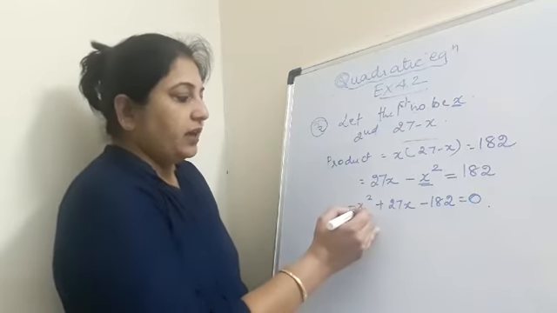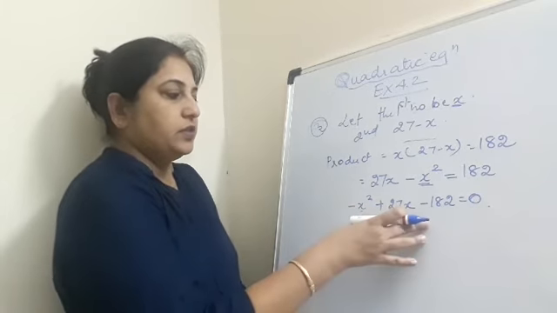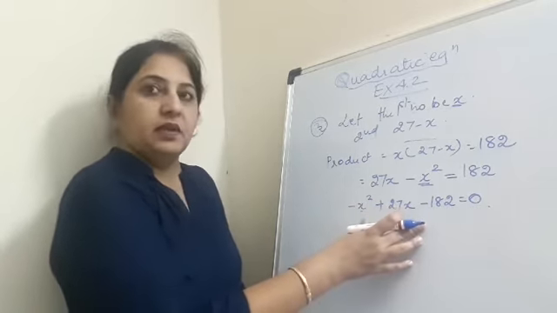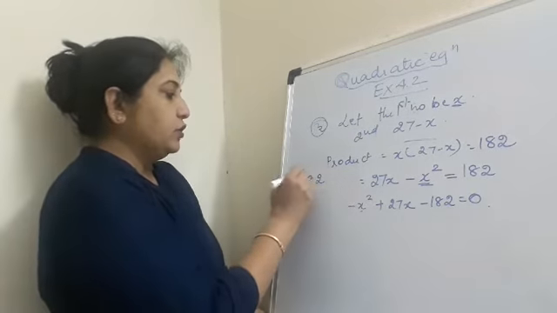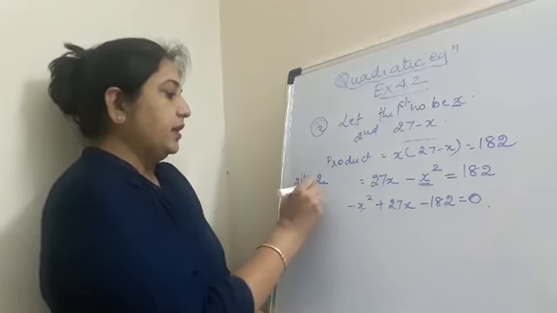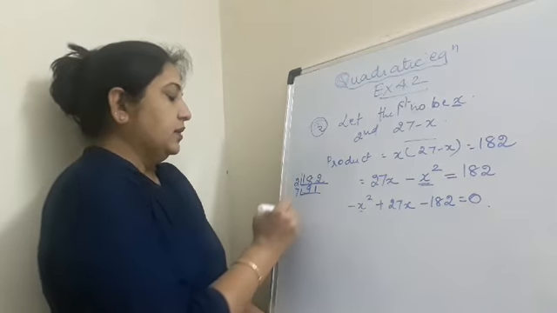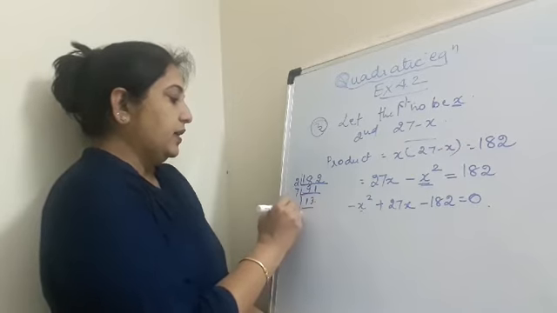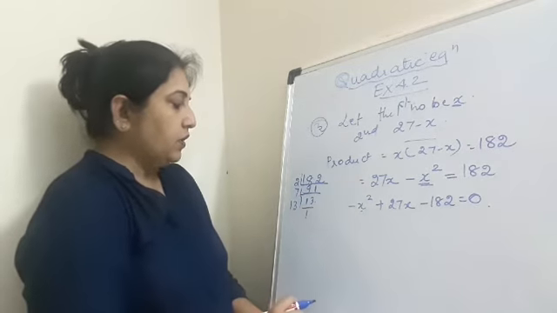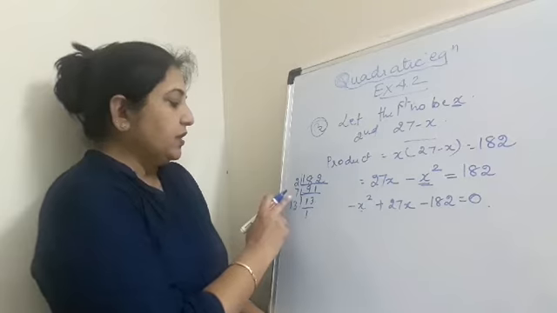Now we will find the factors of this equation by the splitting the middle term method, and we will take up the factors of 182. 182 is 2 into 7 into 13.